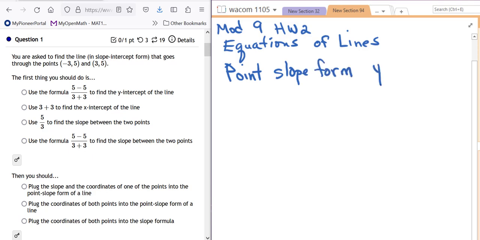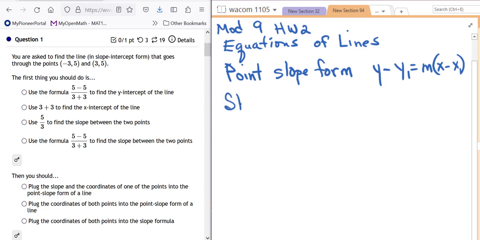And it is y minus y1 equals m times x minus x1. And you have to have a slope and a point. And your slope goes here and your point goes into the ones with the subscripts. You keep the regular x and y. So that's the one you plug into the majority of the time to find your equation of the line.